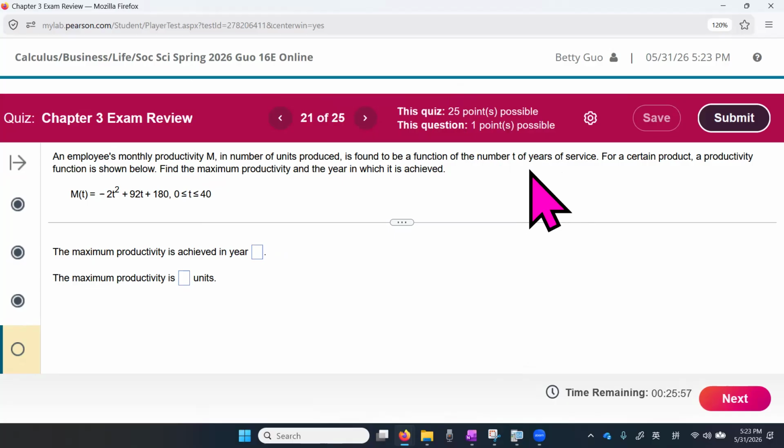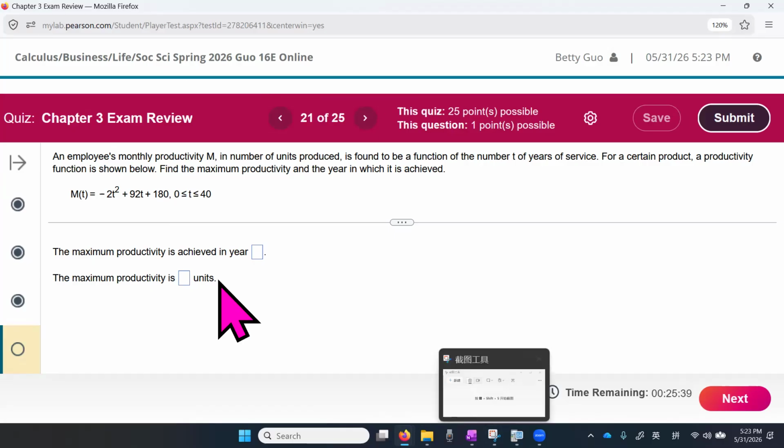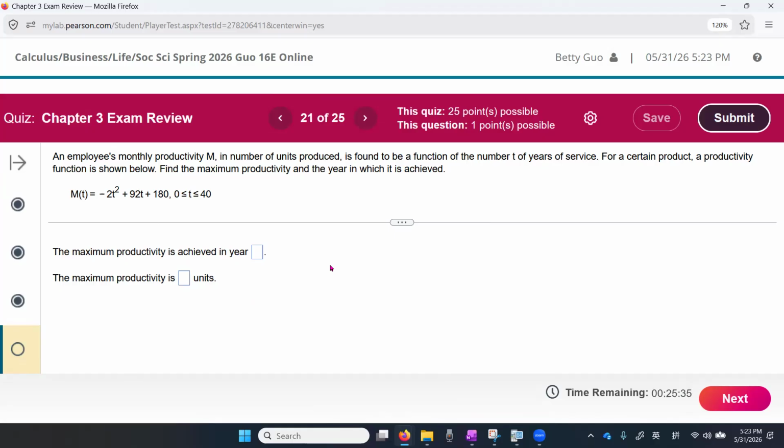So T is time here. For a certain product, a productivity function is shown below. Find the maximum productivity and the year in which it is achieved. So we are going to maximize the function M. Okay, the function is a parabola facing downwards, right? Of course, it has a maximum value.